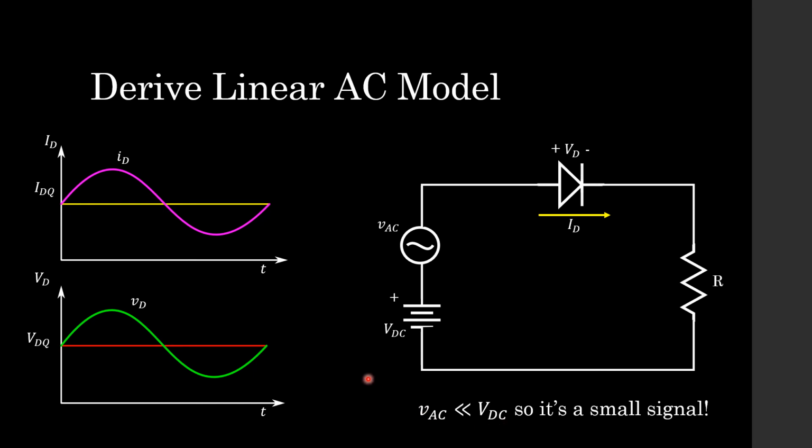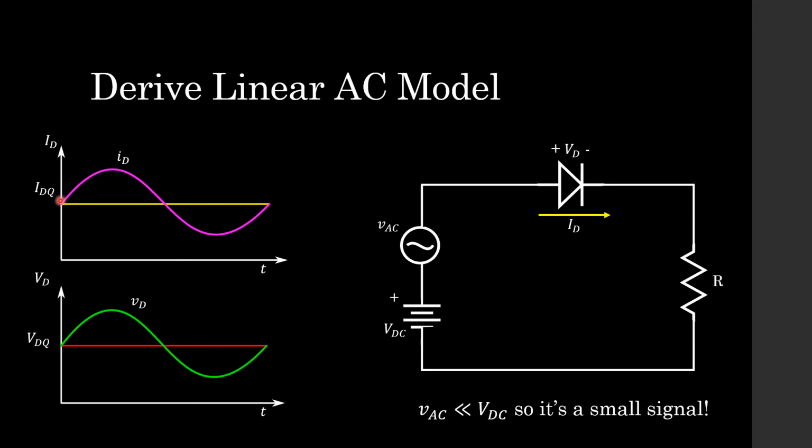Now if we were to represent this graphically, what is the voltage VD and the current ID through this diode? Looking at the current ID, here we have IDQ represented by the yellow line over here, and that is the DC current that is going through the diode.